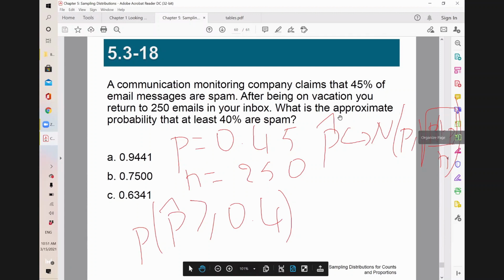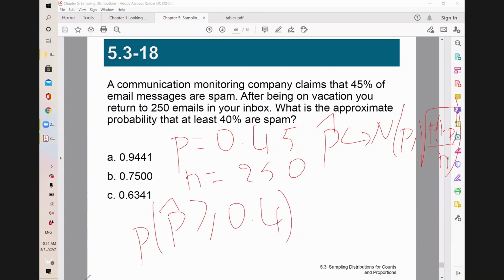Once p hat is like that, here we have to move once again to chapter 1 and use Z. That means it's equal to the probability of Z more than the following. The standard deviation is 0.031, from p times 1 minus p divided by n.